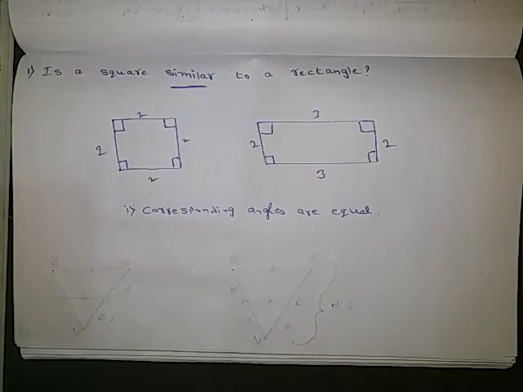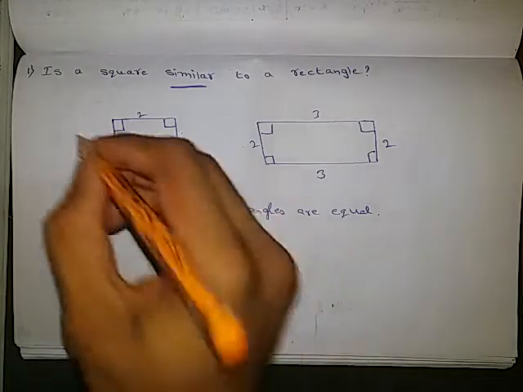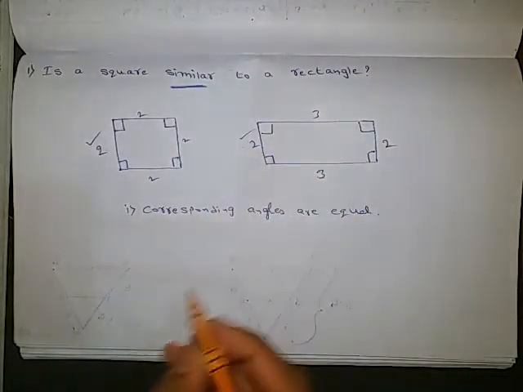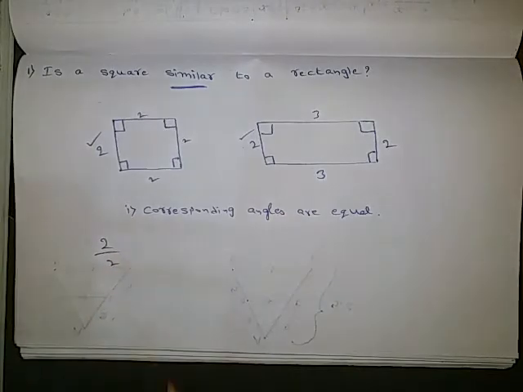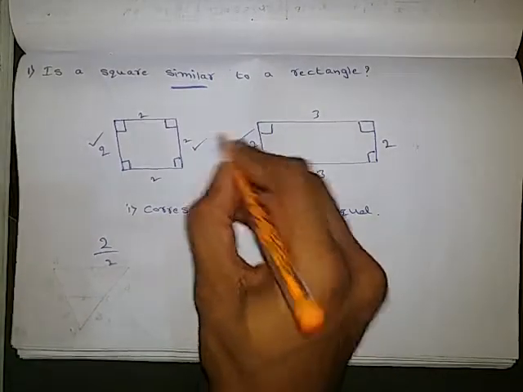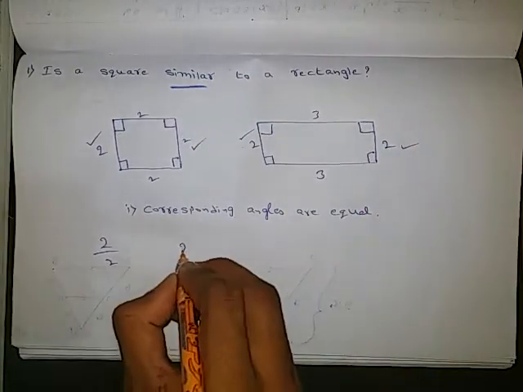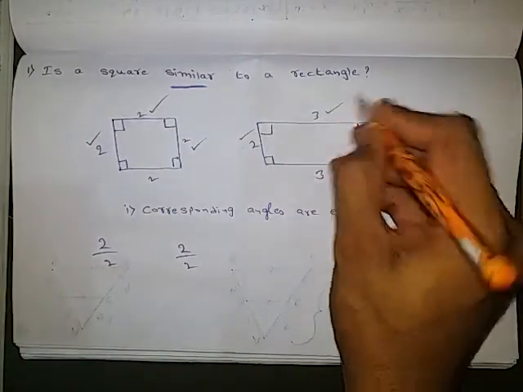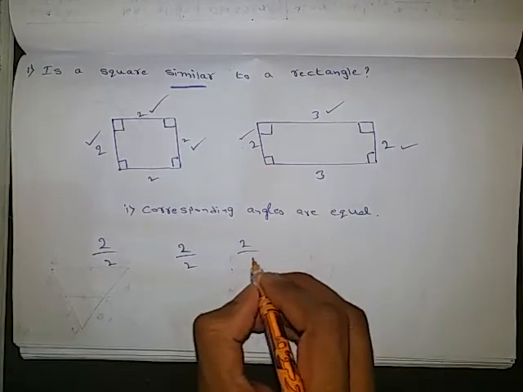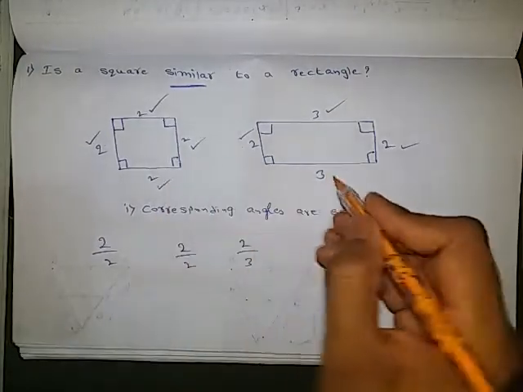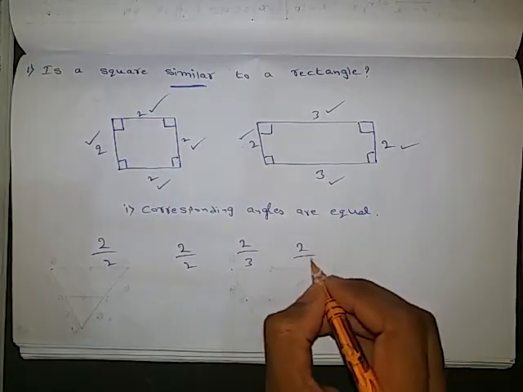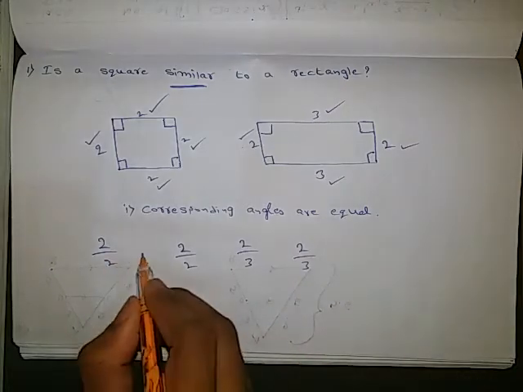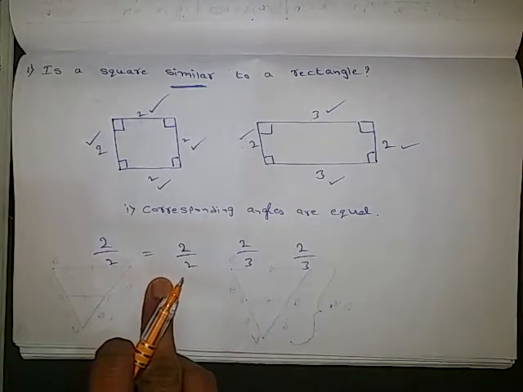Next, corresponding sides ratio we need to check. Left side divided by left side, 2 by 2. Right side divided by right side, 2 by 2. Upper side divided by upper side, 2 by 3. Lower side divided by lower side, 2 by 3. 2 by 2 is equal to 2 by 2.